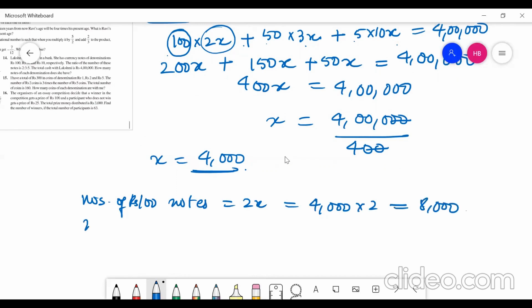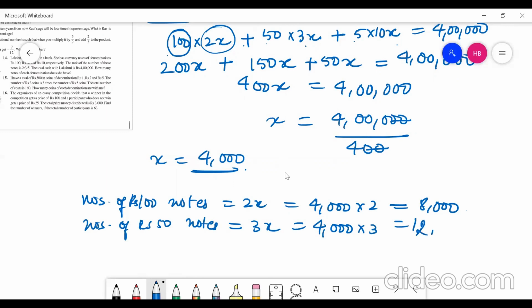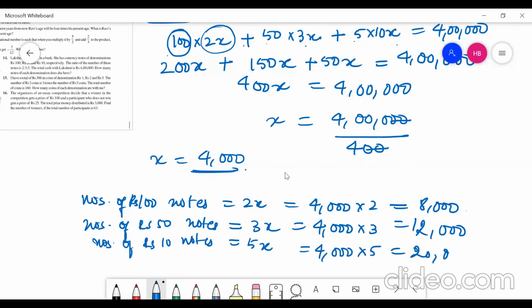The number of rupees 50 notes is equal to 3x, which is 4,000 into 3, 4 3s are 12,000. And the number of rupees 10 notes is 5x, 4,000 into 5, which is 20,000.